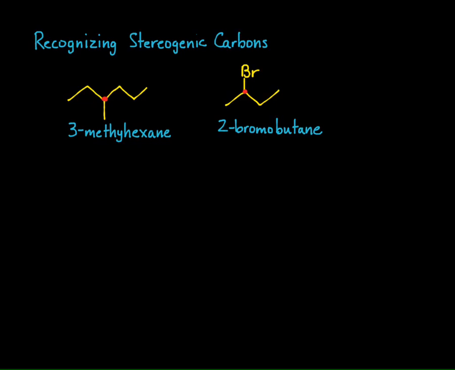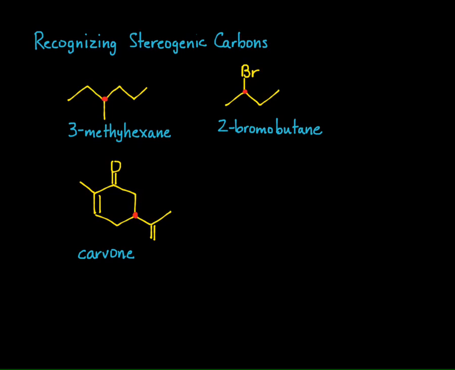And stereogenic carbons are found extensively in nature. So for example, here is a structure. This structure is of carvone. Carvone is an oil, and it has a stereogenic carbon. Can you see where it is?